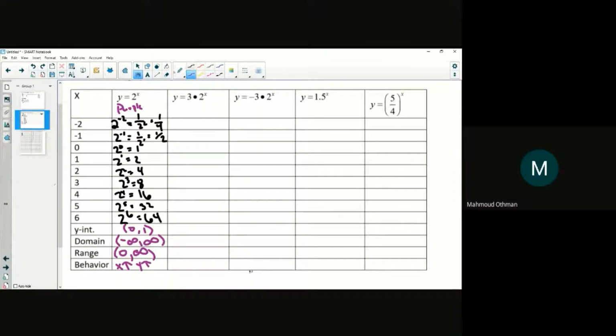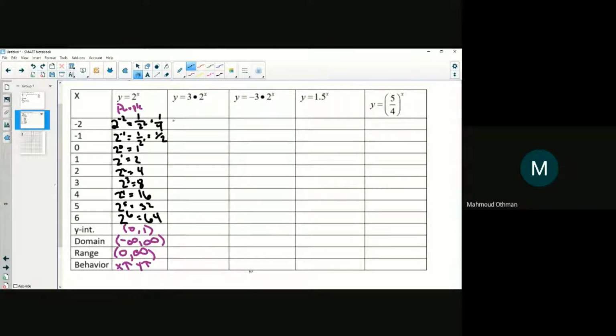Let's take a look at the second graph. 3 times 2 to the x. So we already did all the work for 2 to the x, so now we're just going to be moving forward by multiplying the value in front of it.